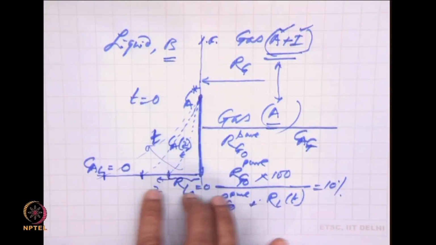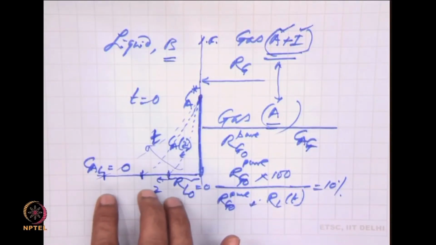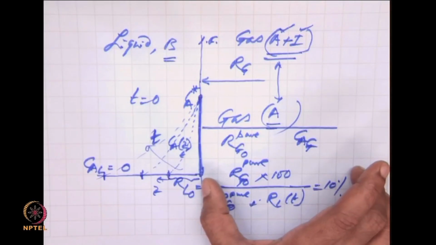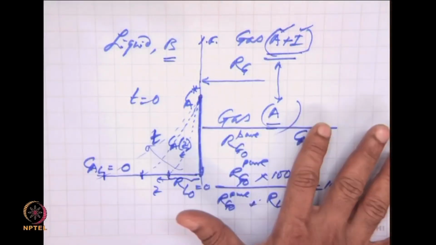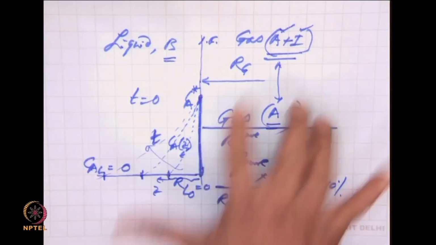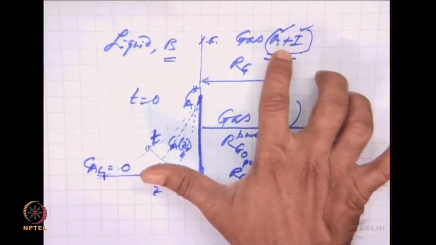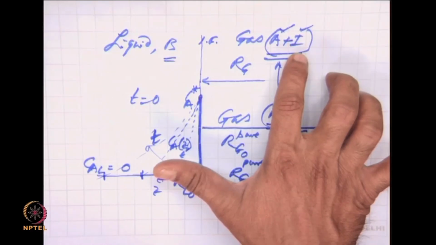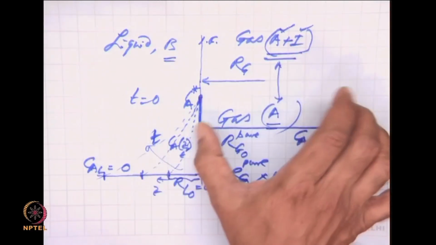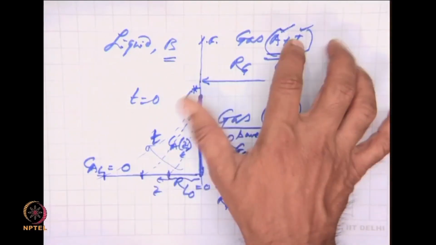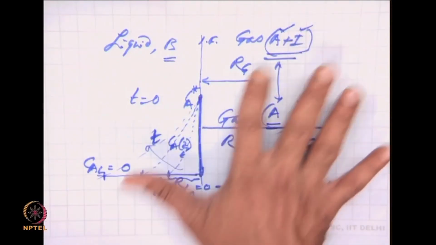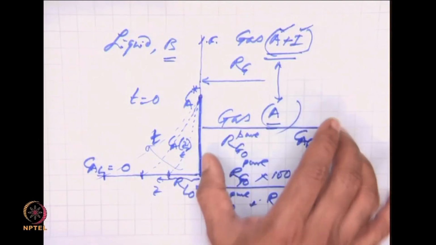So, liquid phase resistance at the 0th instance is 0, entire resistance is in the gas phase. That gas phase resistance is minimum if the gas is pure. If it were a dilute gas, like solute A in inert I, then that gas phase resistance will be even greater. The least resistance you can have is when there is no inert and you have only the pure solute in the gas phase.